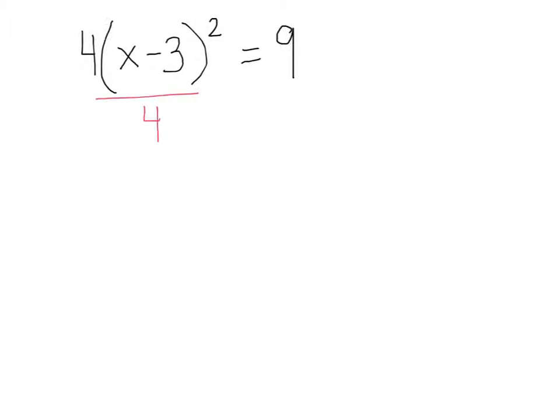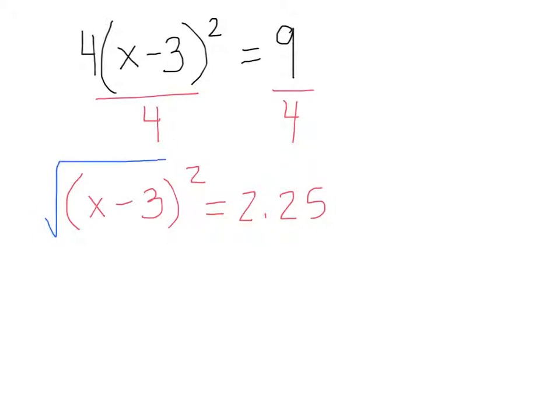Divide 4 on both sides. Say it. So I have x minus 3 all squared equals 9 divided by 4, I think, is 2.25. Check in your calculator and be sure. And so now I'm trying to get rid of the squared. What is the opposite of squared?